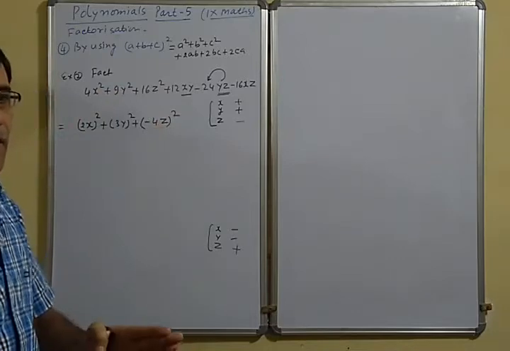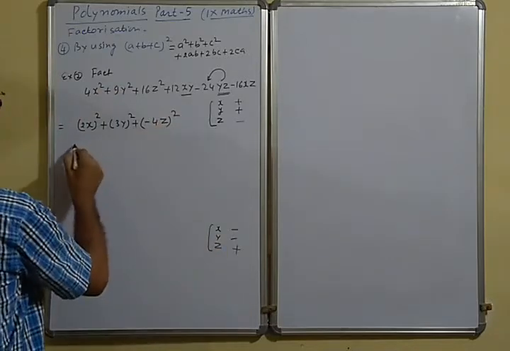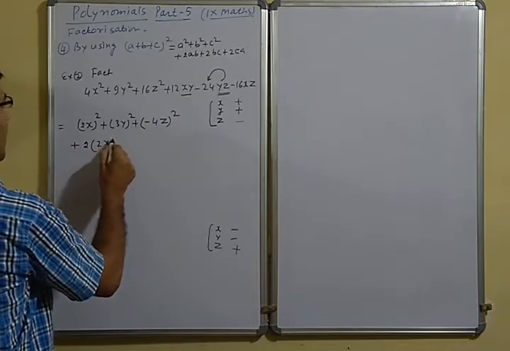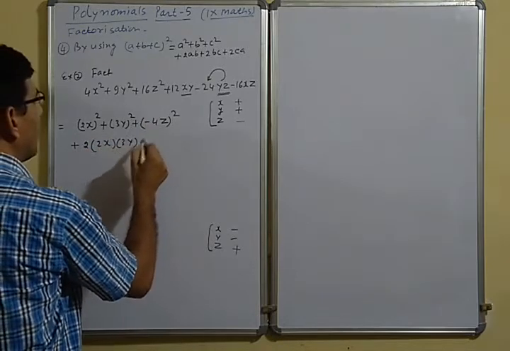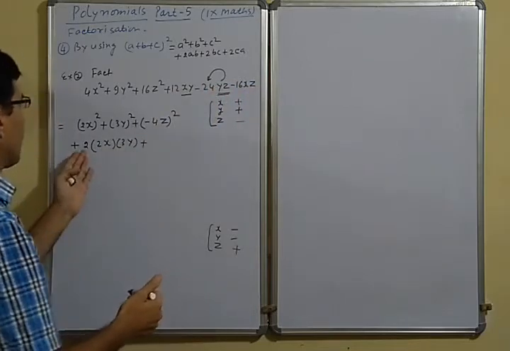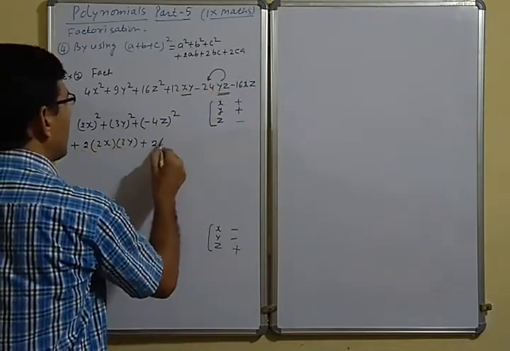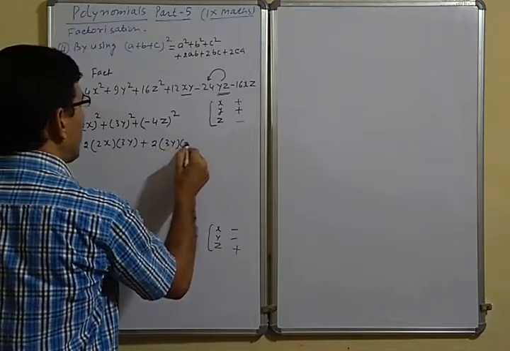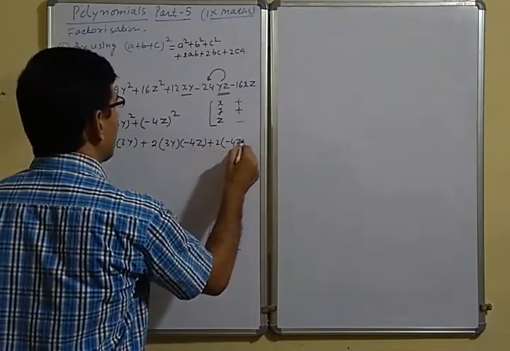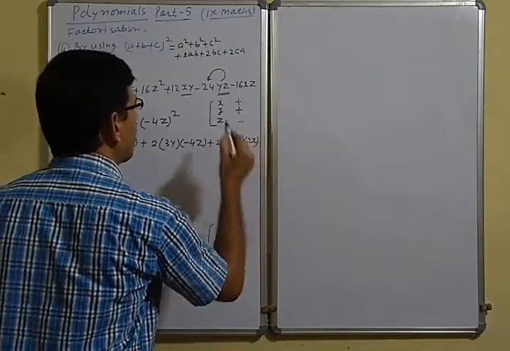A, b, c we know. Now simply you write here plus 2 times ab. So 2x into 3y. No need to see it now. Simply you write the expansion: 2ab plus 2bc, 3y into minus 4z, and plus 2ca, that is minus 4z in the first bracket, that is 2x.